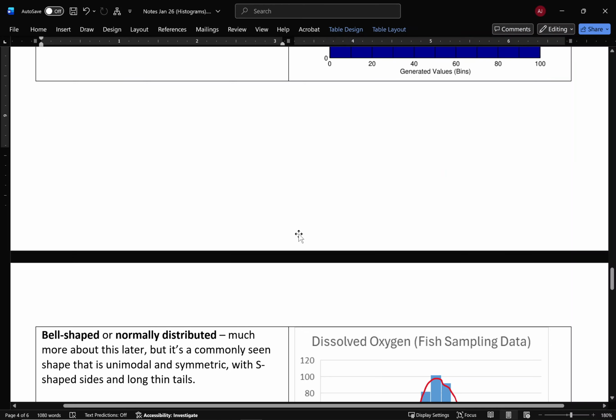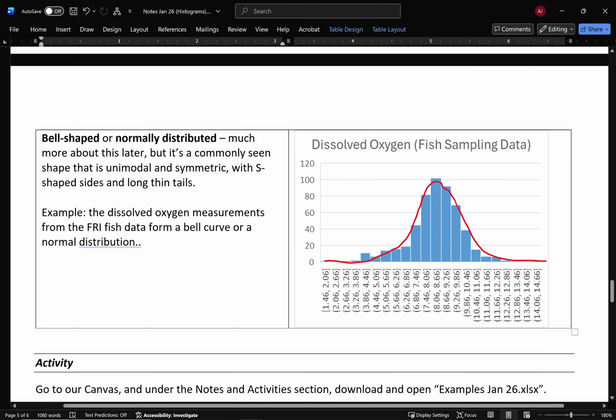Okay. Bell-shaped or normally distributed, this is the last one. We'll talk about this a lot more in this class, but bell-shaped means it's roughly got that curvy bell shape. It's generally going to be roughly symmetrical. It has one peak in the middle, and it's got these S-shaped sides where it's curving up and then curving down, and it's going to have long, thin tails as well.